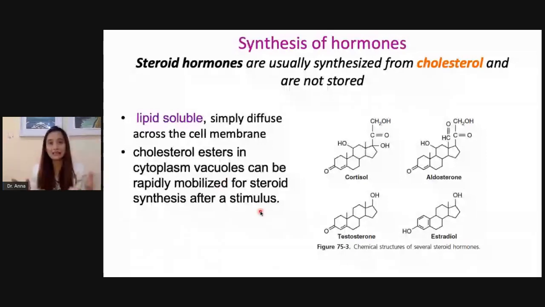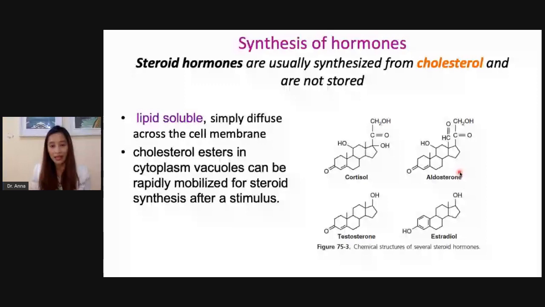If it's the adrenal gland, it's the ACTH that stimulates the activation of the pathway leading to synthesis of your adrenocortical hormones from your cholesterol. So these are examples of your steroid hormones: your cortisol from the zona fasciculata, and then from your zona glomerulosa is your aldosterone.